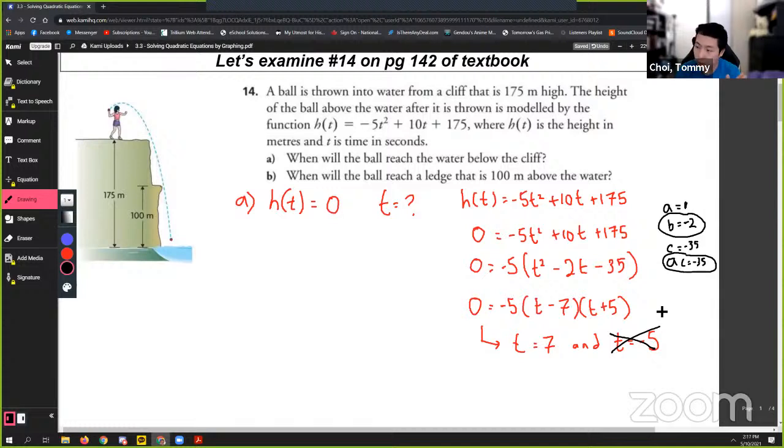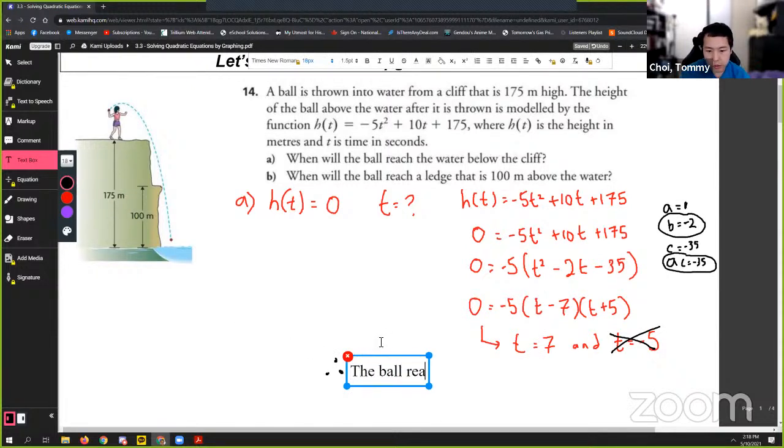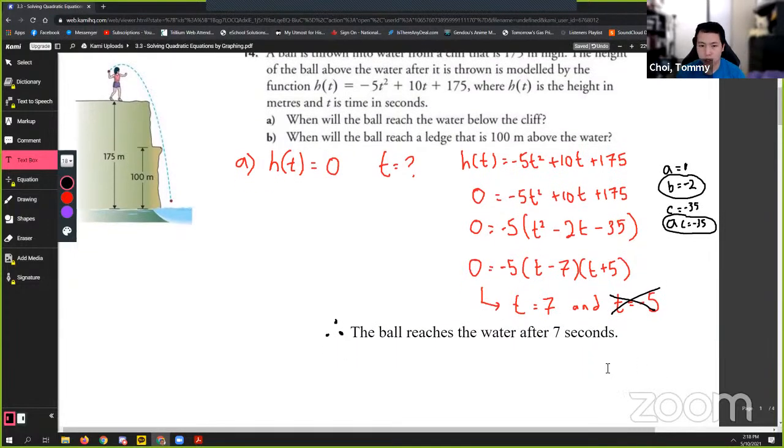So in the context of the question, because t is time, we can't go into the negatives, all right? So as a result, t has to be positive. t equals 7. So therefore, we can write our final answer here. The ball reaches the water after 7 seconds. So that would be the answer to this one here.